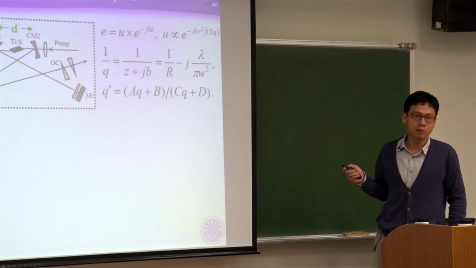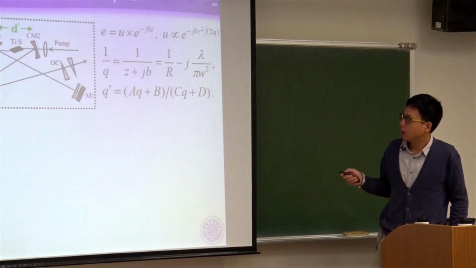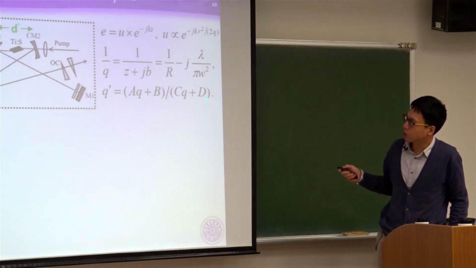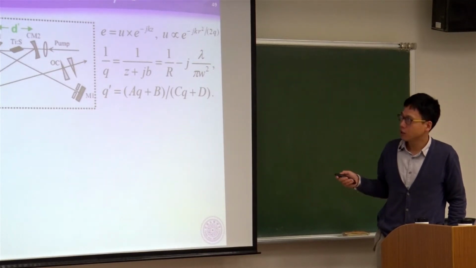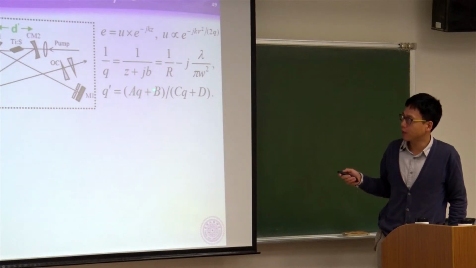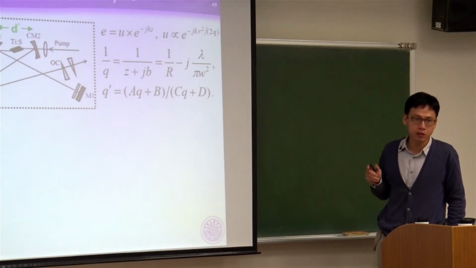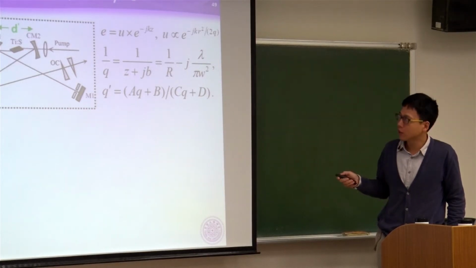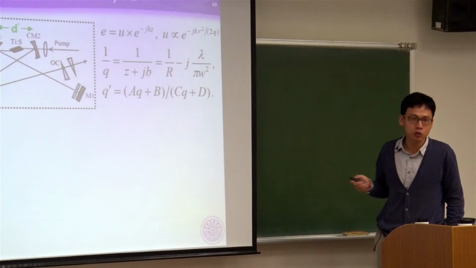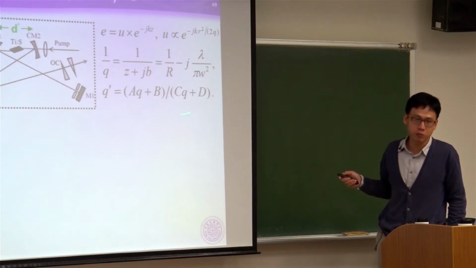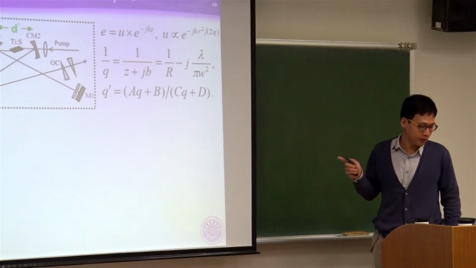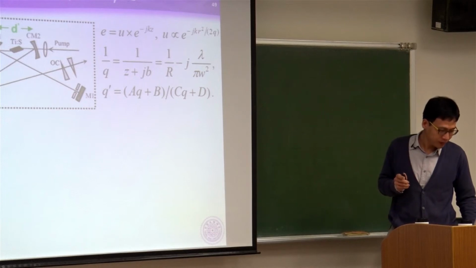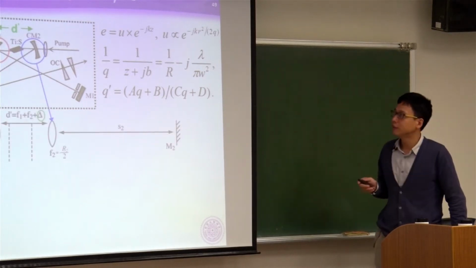And the ABCD matrix tells us the evolution of the q parameter can be easily calculated by this formula. If you have big A, big B, big C, big D, the 4 elements of a 2x2 matrix, you can calculate the new q parameter by this formula. Okay, that's the review. Then, what to do?